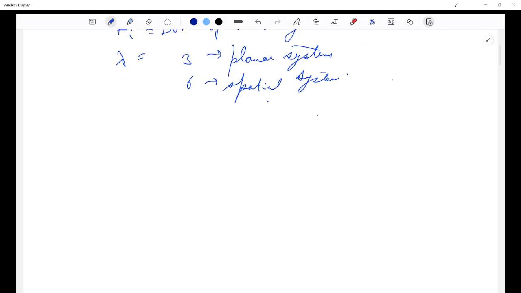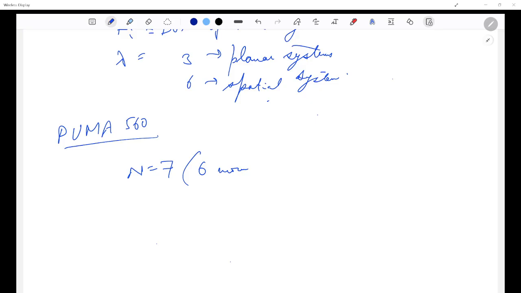For example, in the Puma robot, what happens? N is 7, why 7? Because we have 6 moving links and one base. J is the number of joints, which is 6, right?